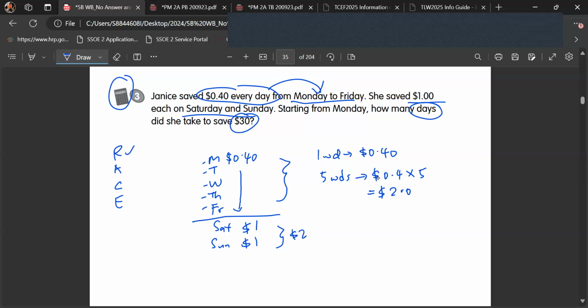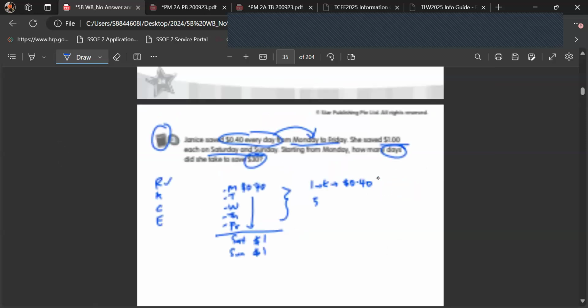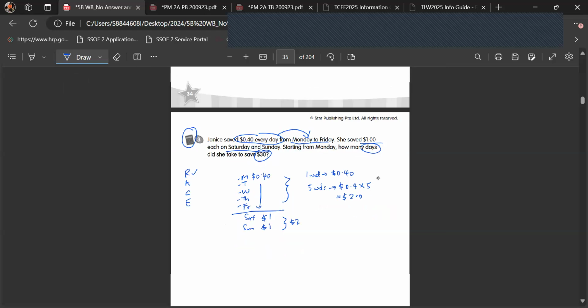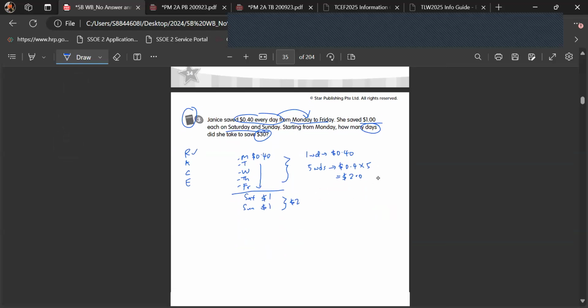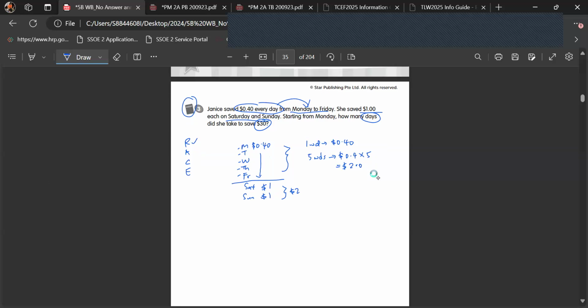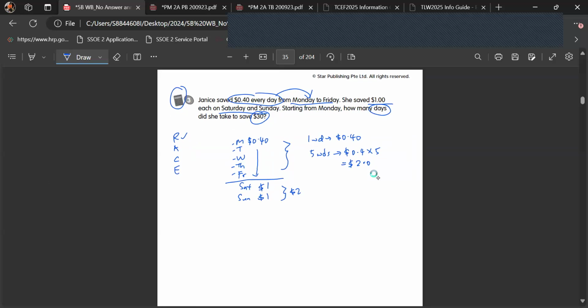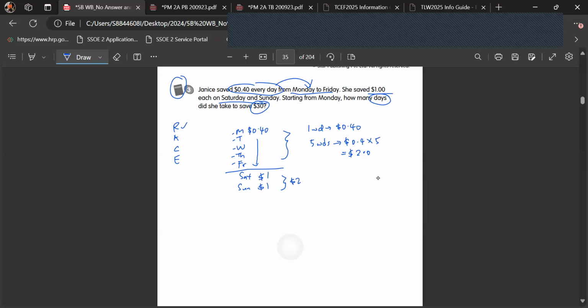So it says here that from Monday onwards. So there are two ways, guess and check. If I do it the Ryan way, I go week 1 is 7 days altogether.